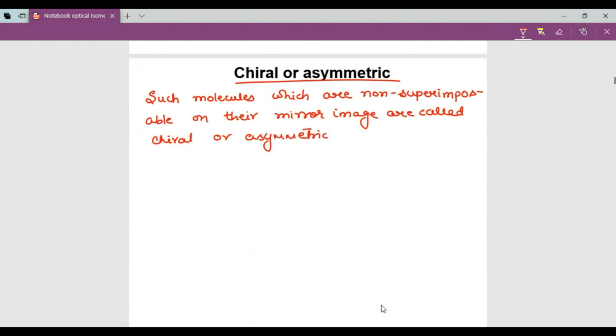At the start of the lecture, I showed you those two models. Please take them as a reference here. You can go back and relate to this, that they are non-superimposable mirror images of each other.